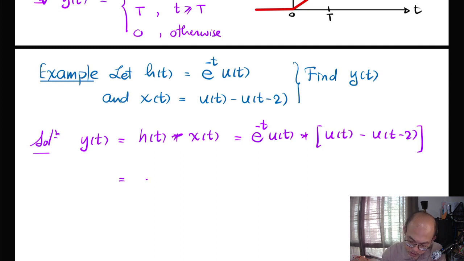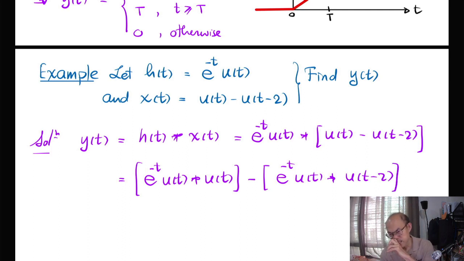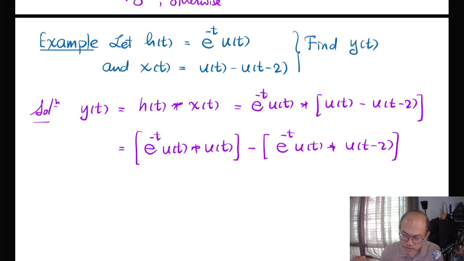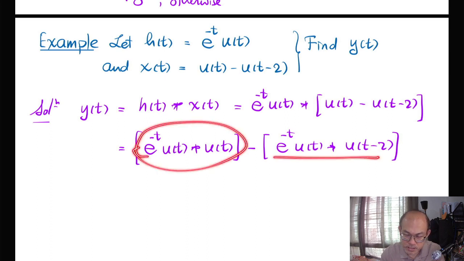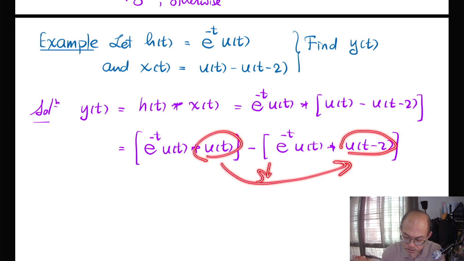So we have e to the minus t u of t convolved with u of t. That's the first one. And the second one is e to the minus t u of t convolved with u of t minus 2. Now you see the pattern here. This term is exactly the same as this one, except that we are shifting the input 2 units to the right.